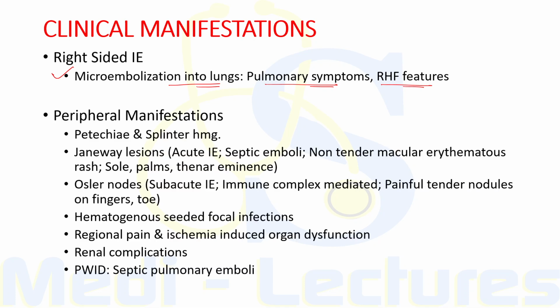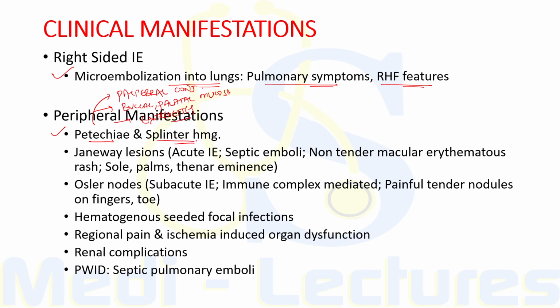Now, what can be the various peripheral manifestations? These include petechiae, which are most commonly found on palpebral conjunctiva, buccal and palatal mucosa, as well as can be seen on extremities.